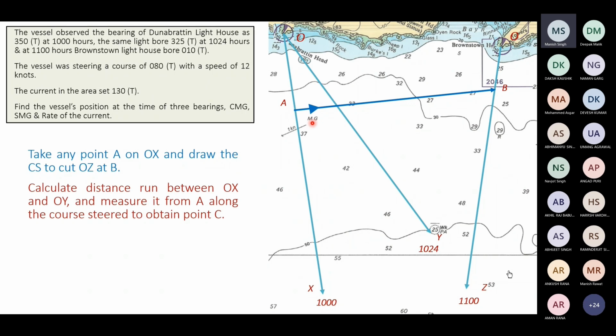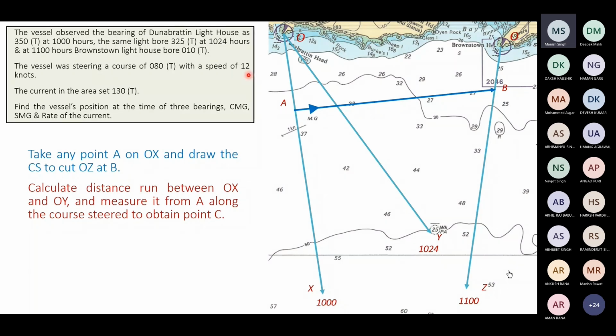Now we move on to the next point. I have to calculate my engine distance in the time interval between the first bearing, that is 1000 hours, and the second bearing, that is 1024 hours. My engine speed is given as 12 knots.